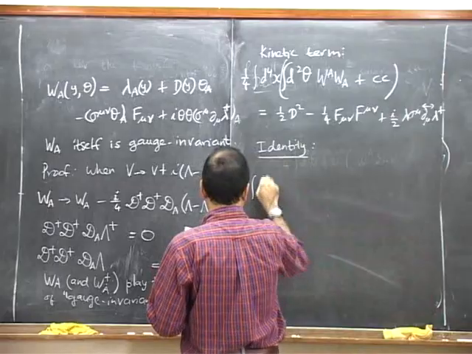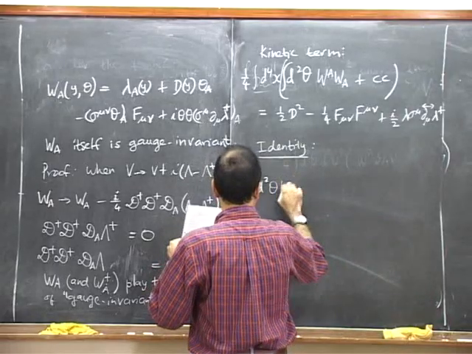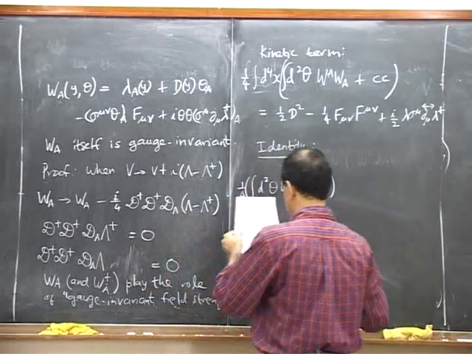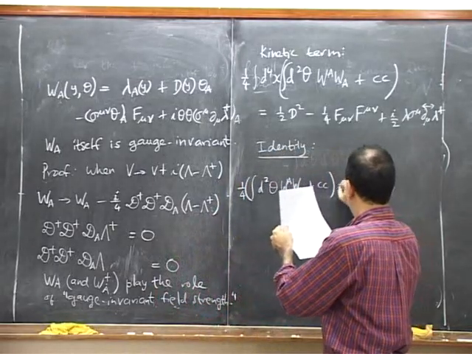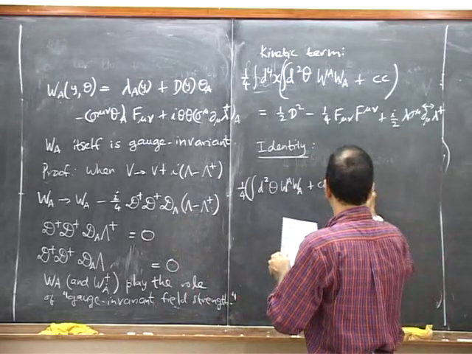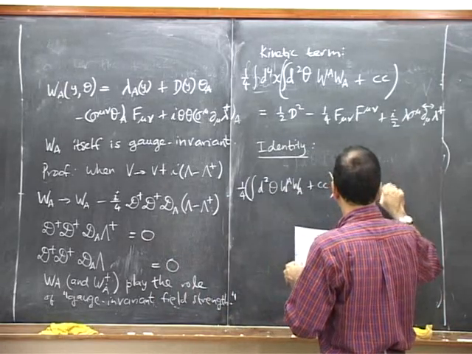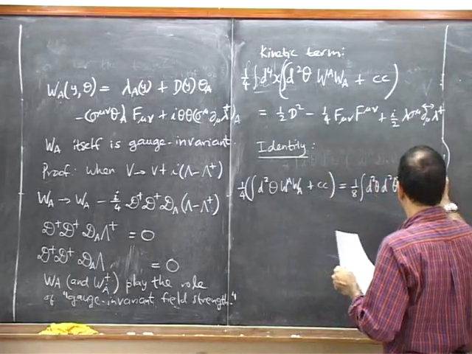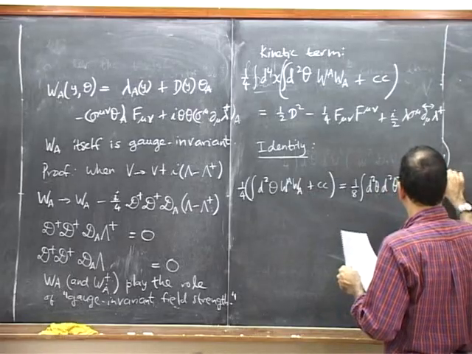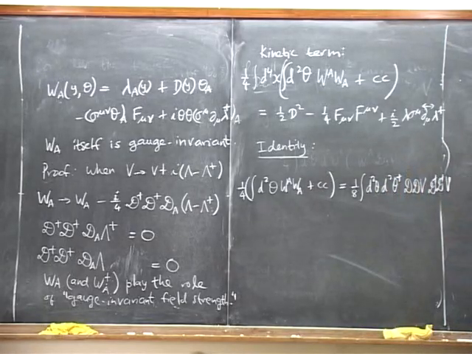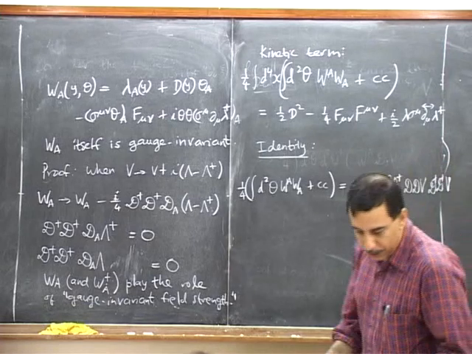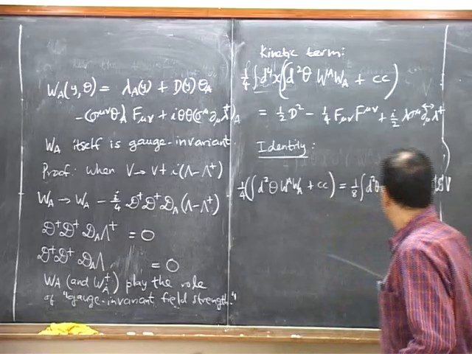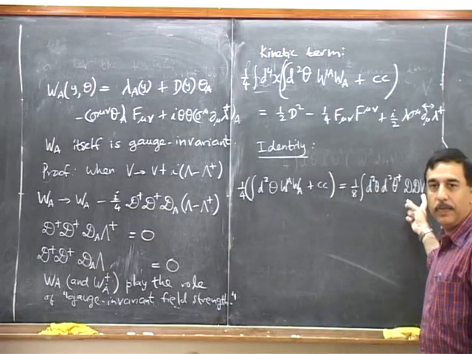One-fourth integral d^2 theta W_alpha W^alpha plus c.c. is equal to 1/8 integral d^2 theta d^2 theta dagger D^alpha V D dagger D_alpha V. And therefore you see that this is a very pretty thing. The gauge potential, which is really V, is a vector superfield.